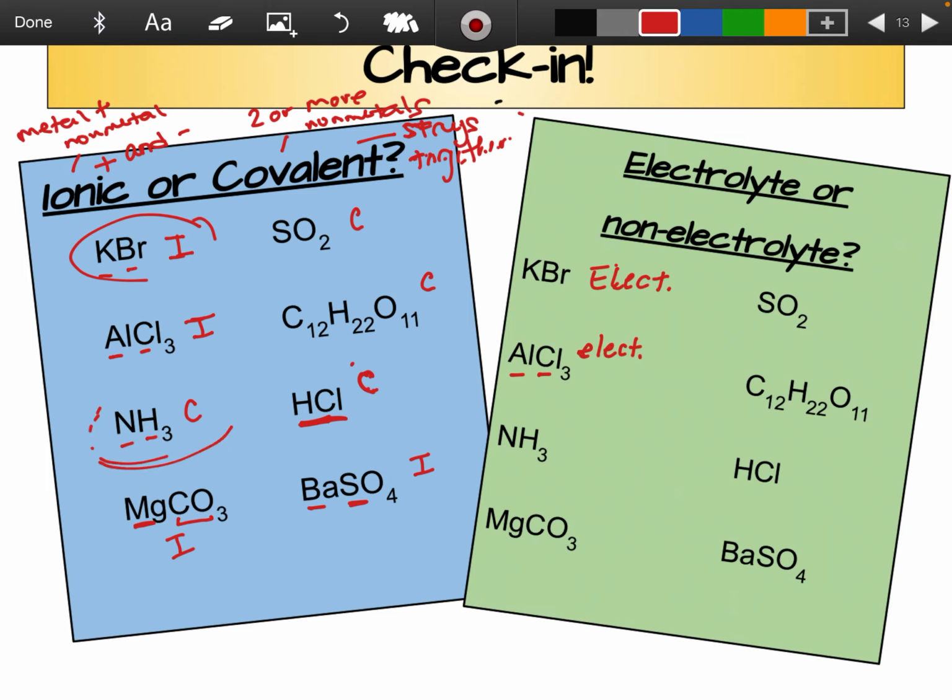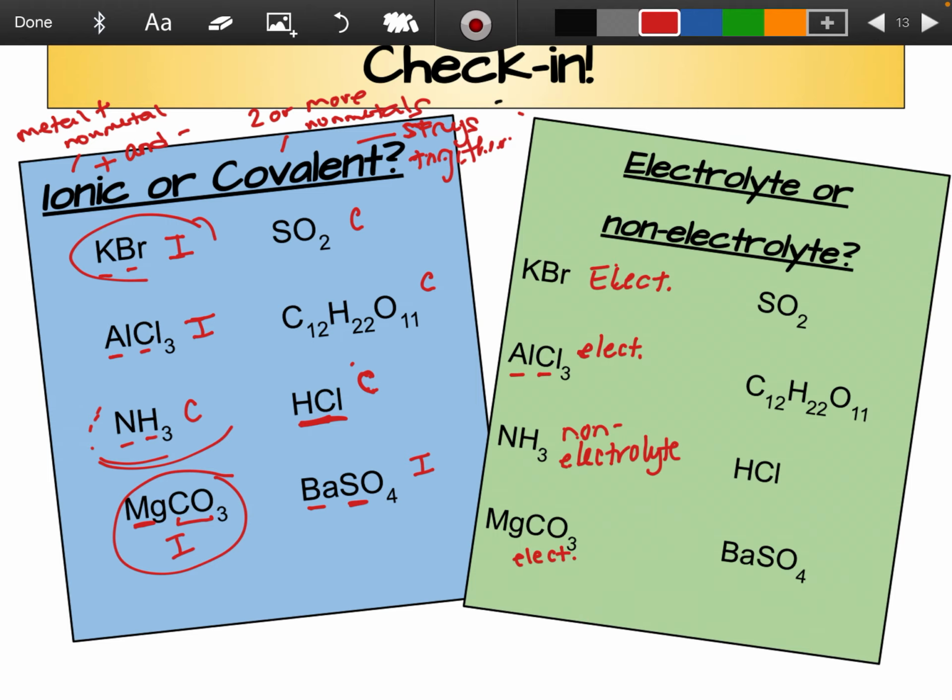NH3 is covalent, which means it's not going to break apart. The molecule is going to stay together. When the molecule stays together, it is going to be a non-electrolyte. MgCO3 is ionic, which means it's going to break up into ions and be classified as an electrolyte.